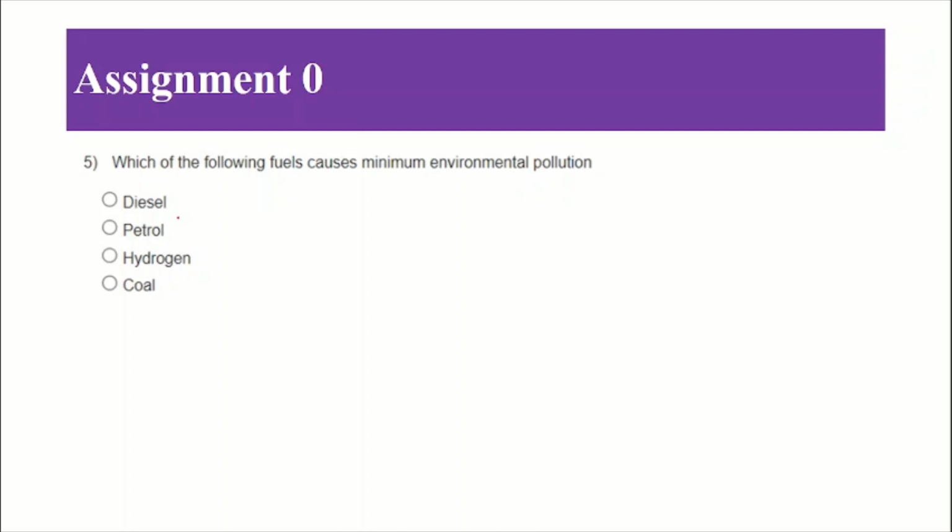At very high temperatures, nitrogen also gets combusted and it forms NOx. So, yes, hydrogen combustion can emit a fair amount of NOx. So it's not only water vapors that are emitted. NOx can also be emitted when hydrogen is combusted. There is a possibility for that. So yes, the correct answer, as you said, is hydrogen.